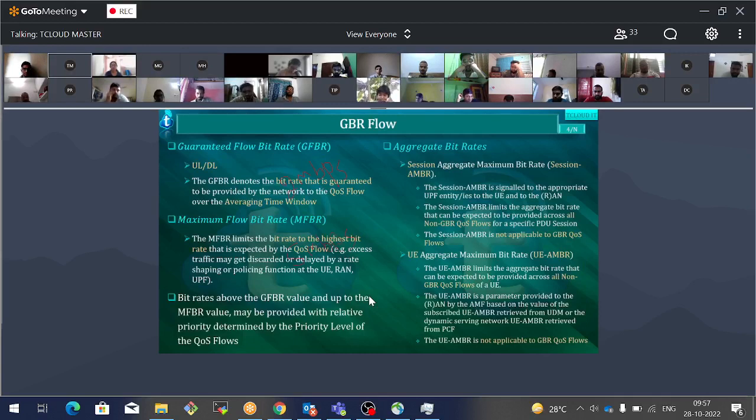That means network is giving you 2 Mbps guarantee, but there is also a possibility that you can be taken all the way up to 5 Mbps if the situations go good. For example, if there are no other subscribers fighting for the resources, only you are existing, maybe night 2 o'clock or whatever, then your data rate could be very high, up to whatever the value that this maximum flow bit rate is.